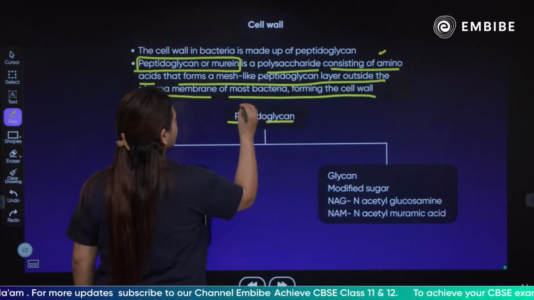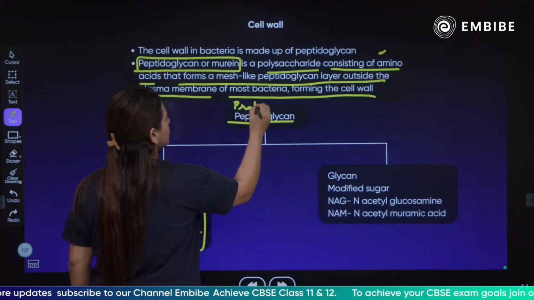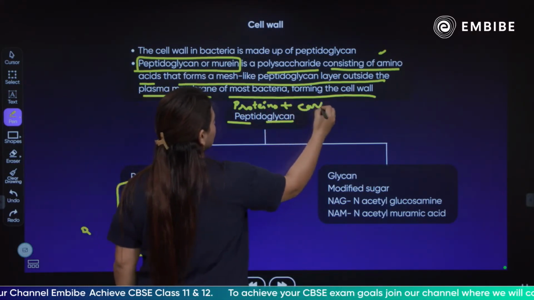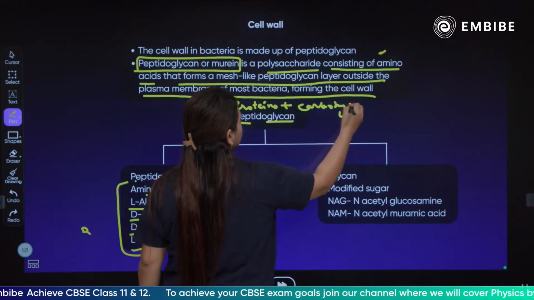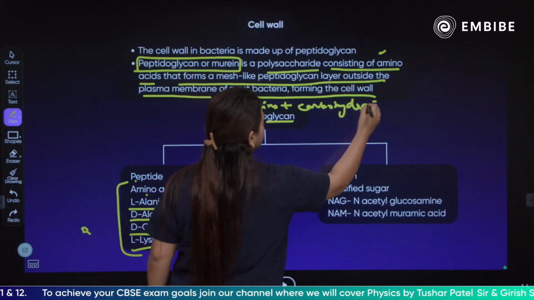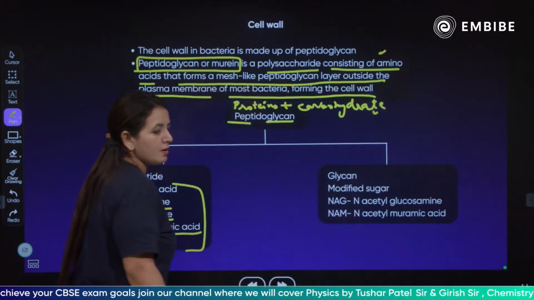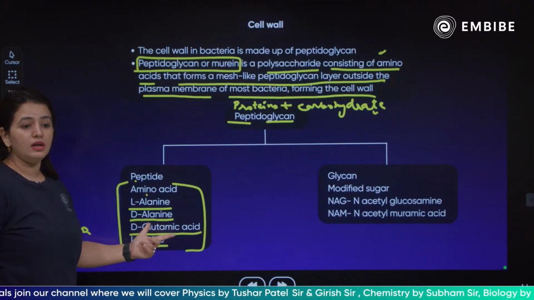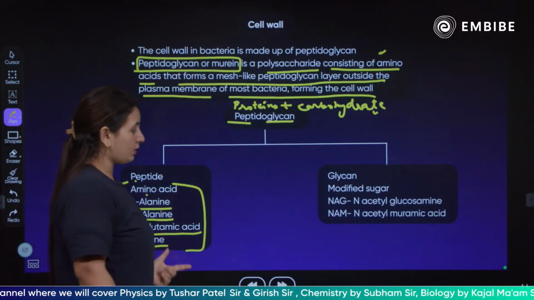Peptides plus glycan means proteins plus carbohydrate. So these are the amino acids present in the cell wall of bacteria or monerans.